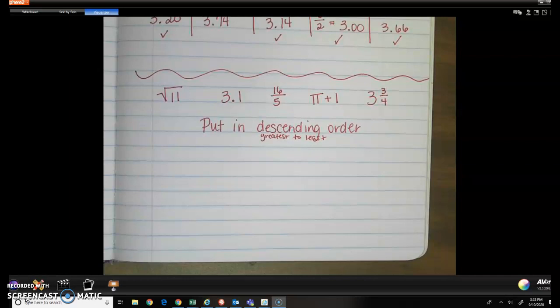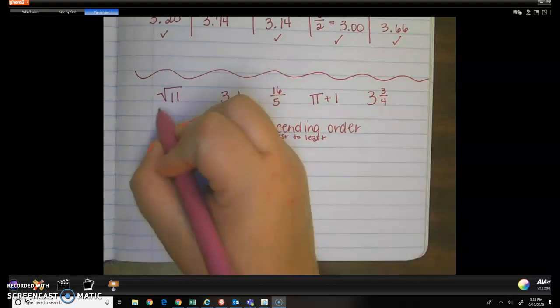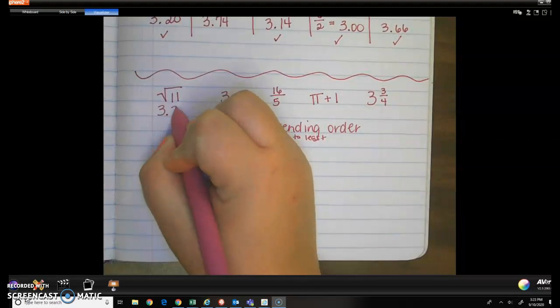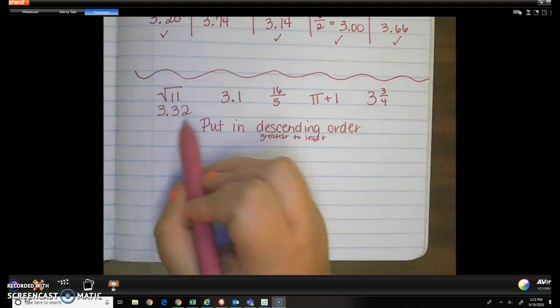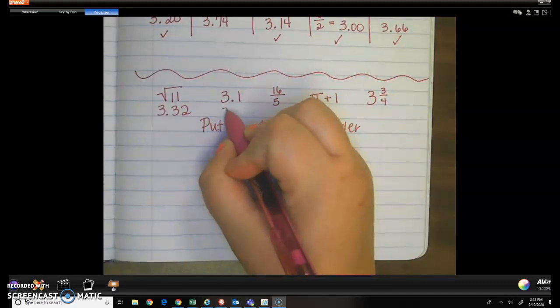So my first thing I want to do is to change each of these into their decimal form. So I'm going to do square root of 11, which is 3.32. It's actually 3.316, but that 6 tells me get on up. I'm going to keep my 3.1 as 3.1.